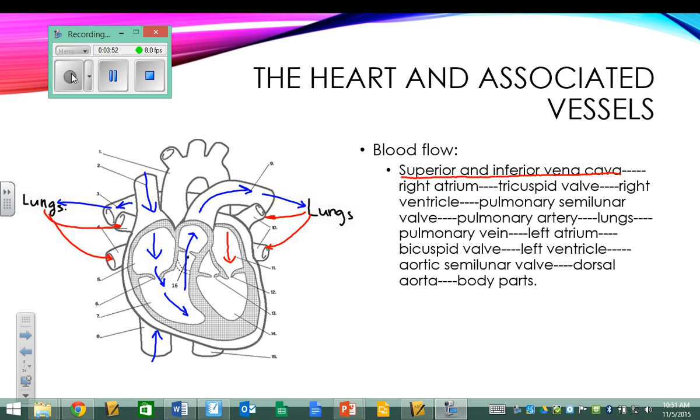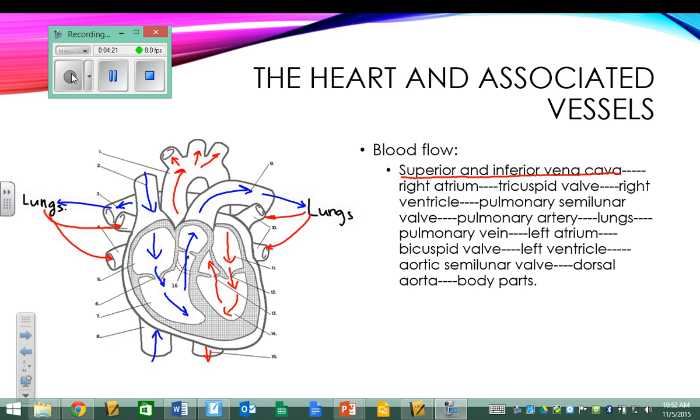Now blood will go from the left atrium through the bicuspid valve down into the left ventricle. Then blood will go up through the aortic semilunar valve, which leads to the aorta, which is up there and down here.